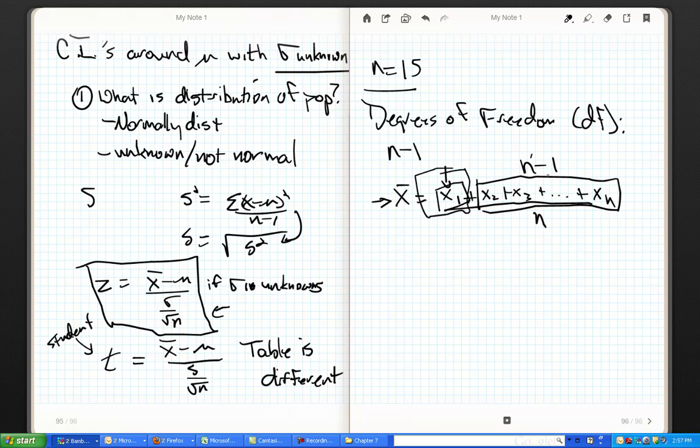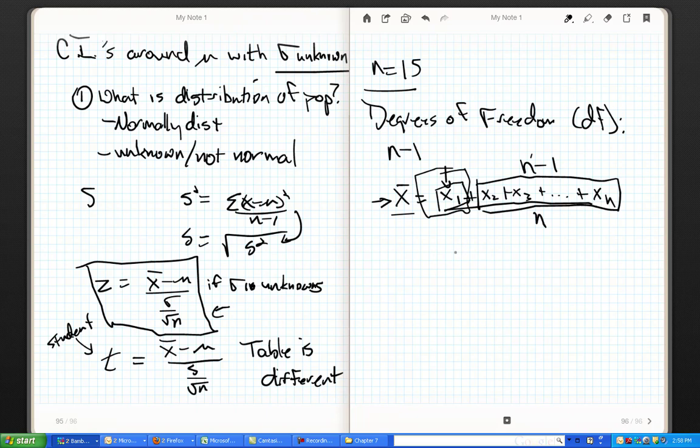So if there are 12 and I know what one of the data values is, then there are 11 degrees of freedom. In other words, the other 11 data values can roam. They can basically be whatever they want to be, for a fixed mean. If there are 100 data values and I know what one of them is, then there are 99 degrees of freedom.